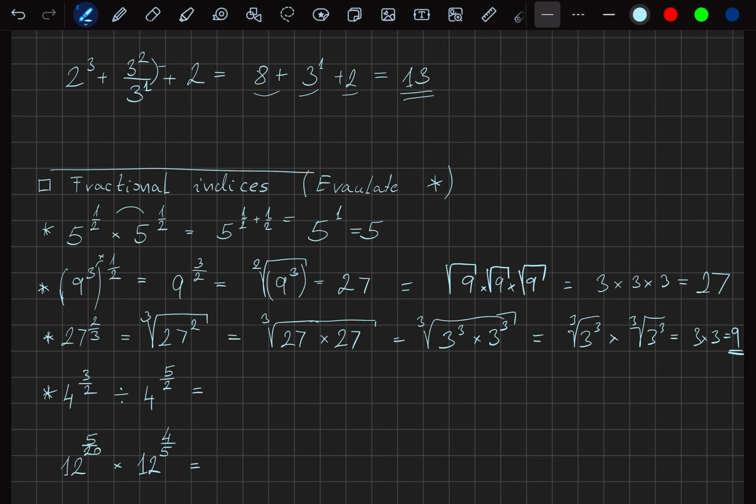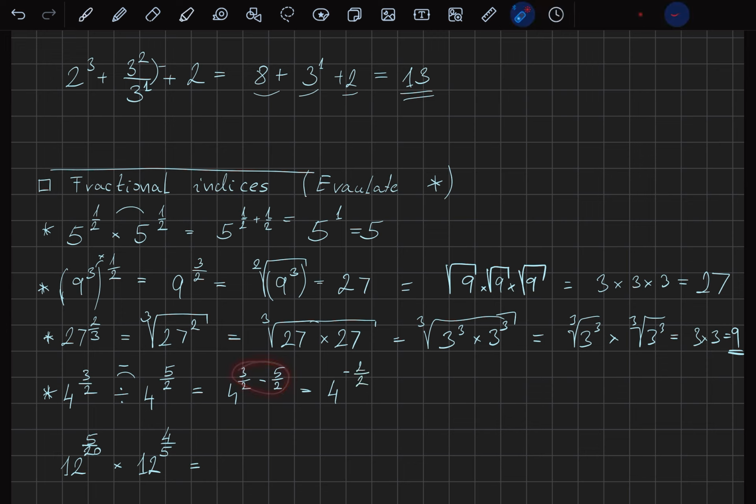I divide two indices with the same base. I will take away the powers. So it's 4 to the power 3 over 2 minus 5 over 2 equals 3 minus 5. It's minus 2 over 2.